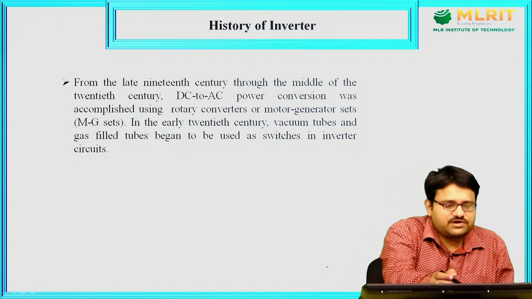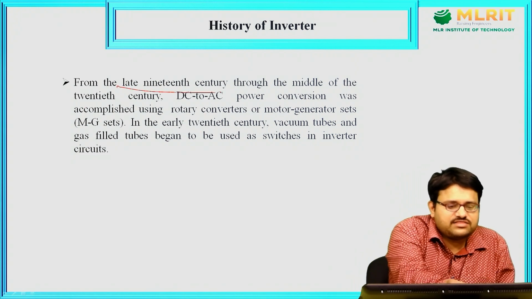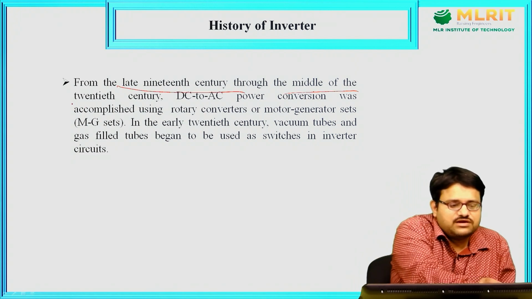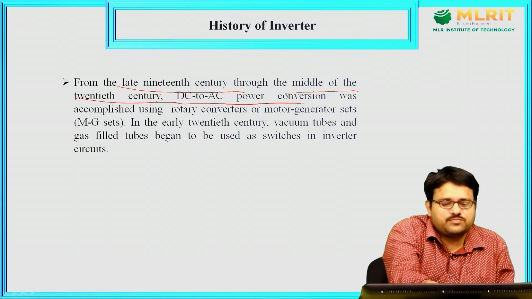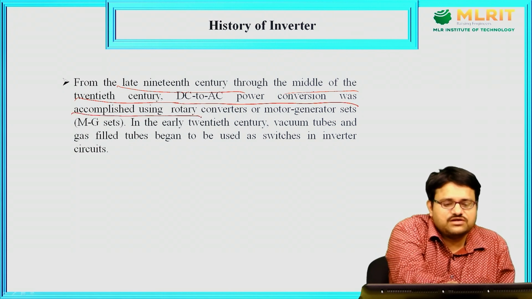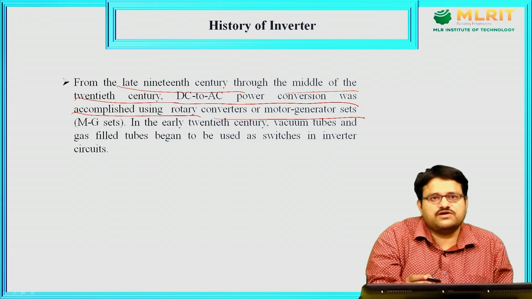So history of inverter now we will discuss. From the late 19th century through the middle of the 20th century, DC to AC power conversion was accomplished using rotary inverters or motor generator sets.